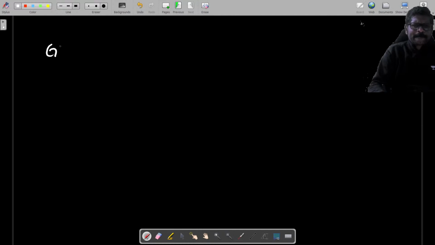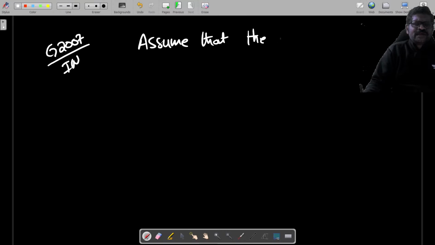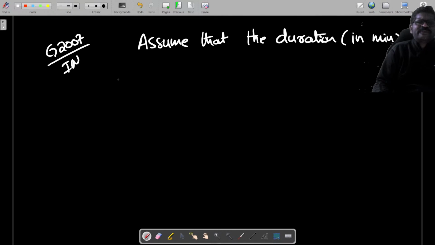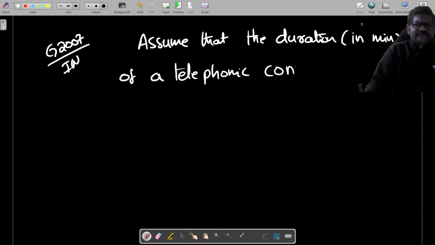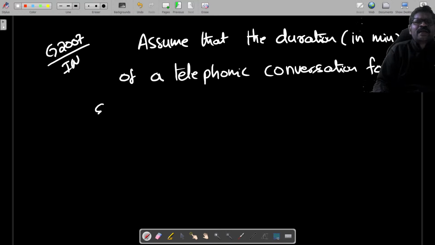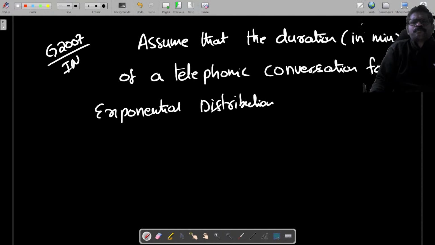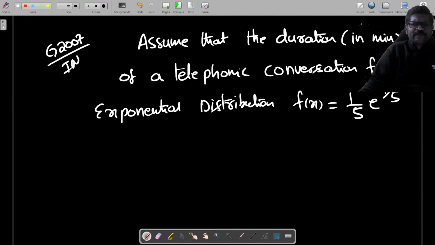First problem. Assume that the duration in minutes of a telephonic conversation follows exponential distribution f of x equal to 1 by 5 into e power minus x by 5, x greater than or equal to 0.